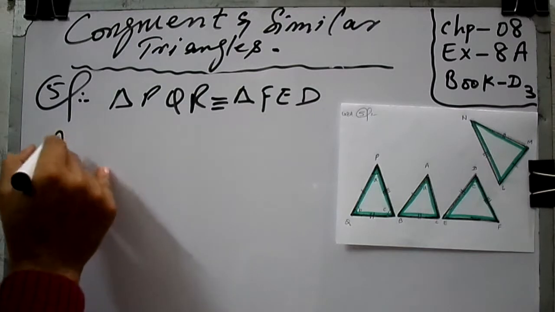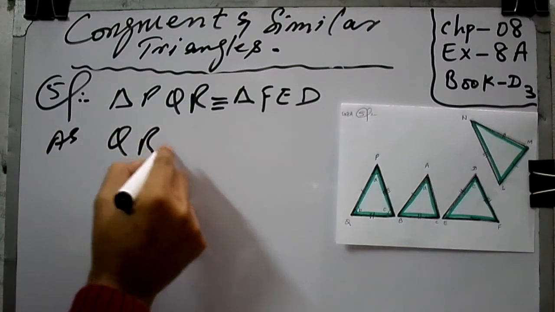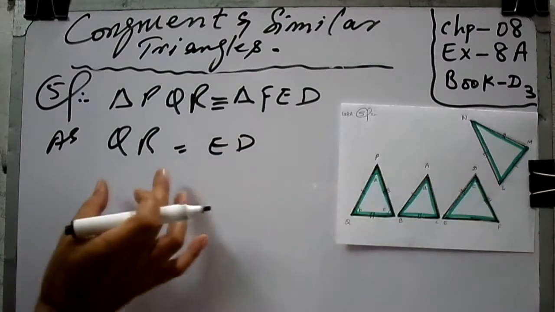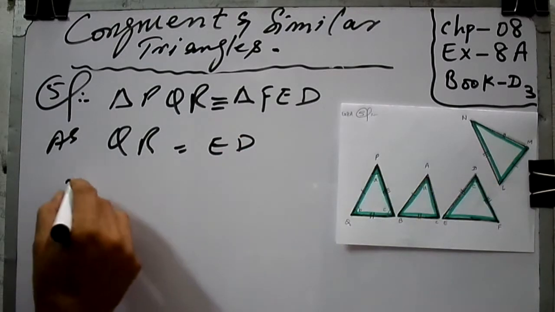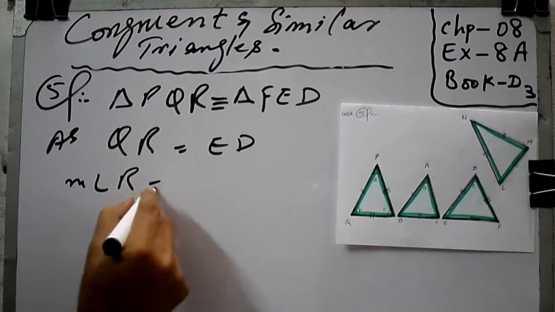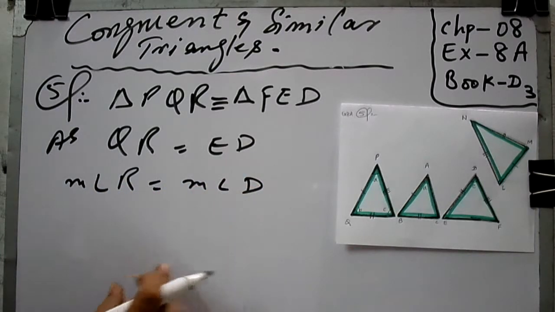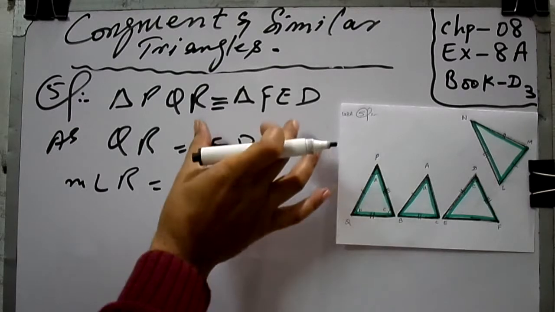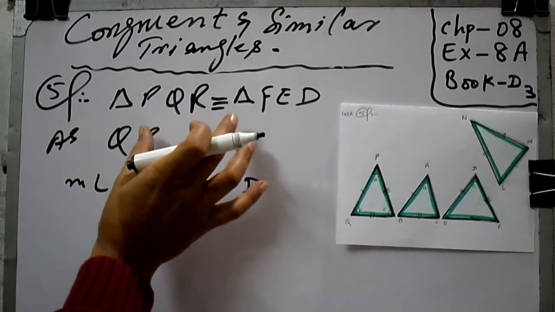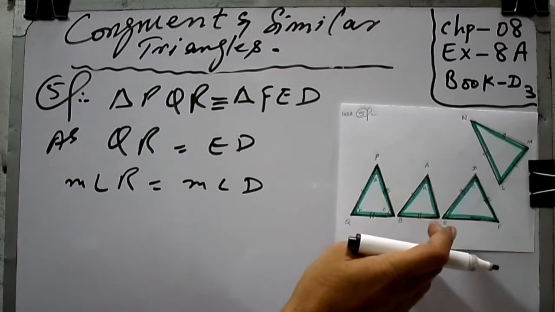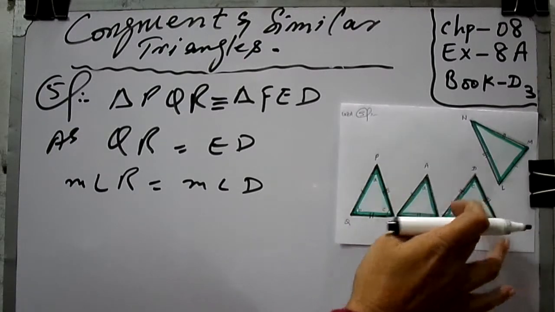Why? Because QR is equal to ED, and angle R is equal to angle D. And similarly, you have to consider these two triangles, that is PQR, the first triangle, and FED, your third triangle.